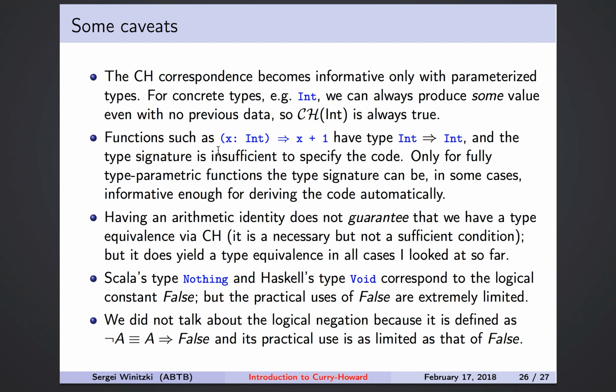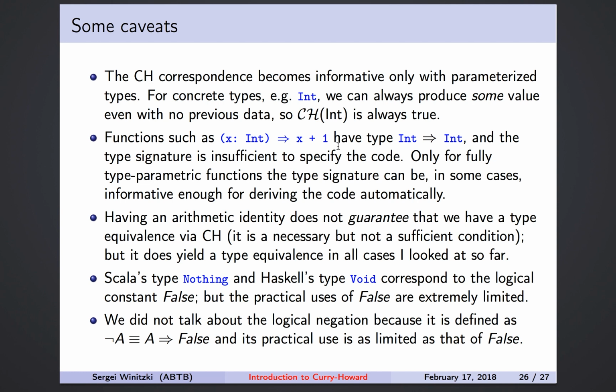Another remark is that functions like this one are not sufficiently described by their type. So this is a type of integer going to integer. Now, looking at this type, we can put this into a sequent, but we will never get enough information to actually get this function.